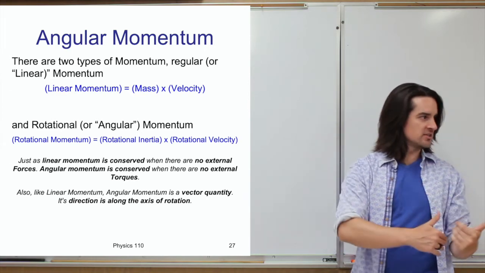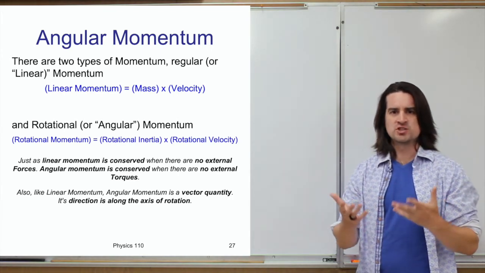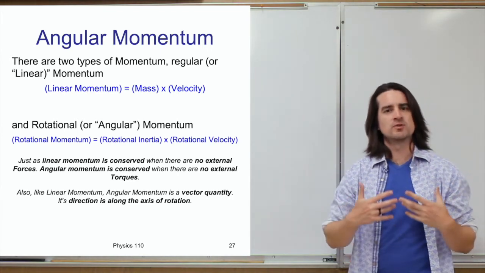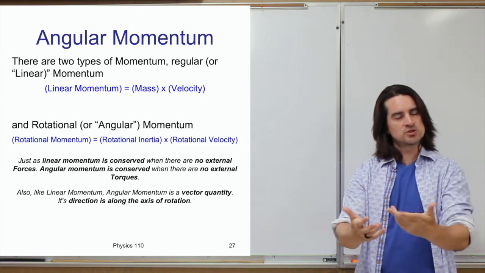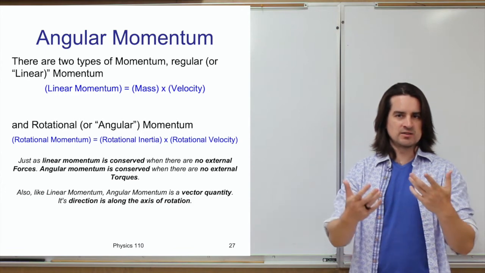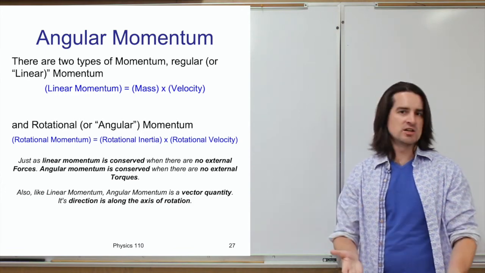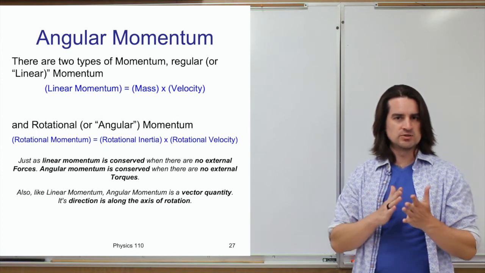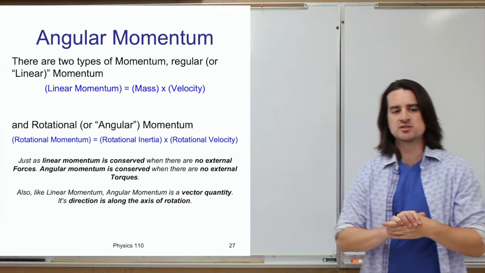So the whole last lecture, or maybe two lectures ago, we talked about momentum, which is just the quality of an object because it's in motion. So if an object has mass and it's in motion, then it has momentum. And we also saw that if you want to change an object's momentum, then you need to act with an impulse on that object.